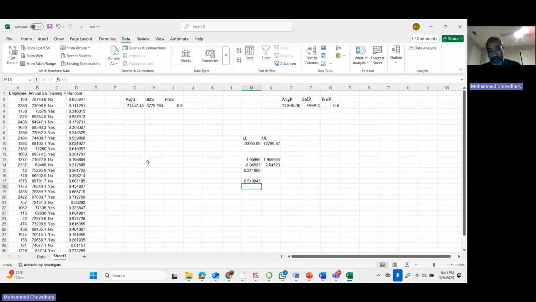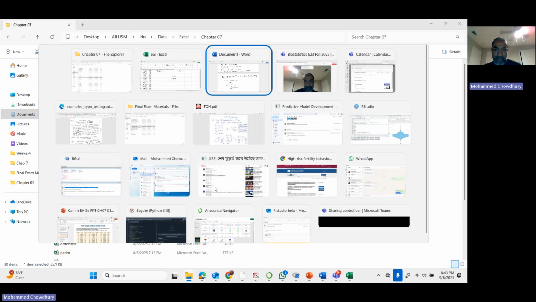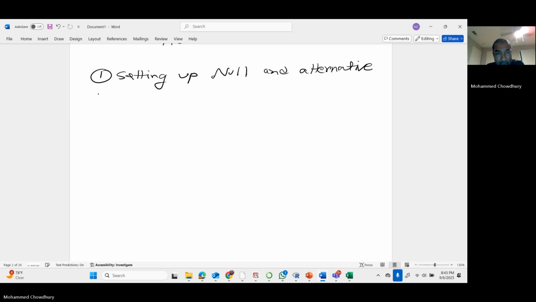After sampling distribution problems, now we have to discuss test of hypothesis problems. Any test of hypothesis problem has 4 steps. Number one, setting up the null and alternative hypothesis.